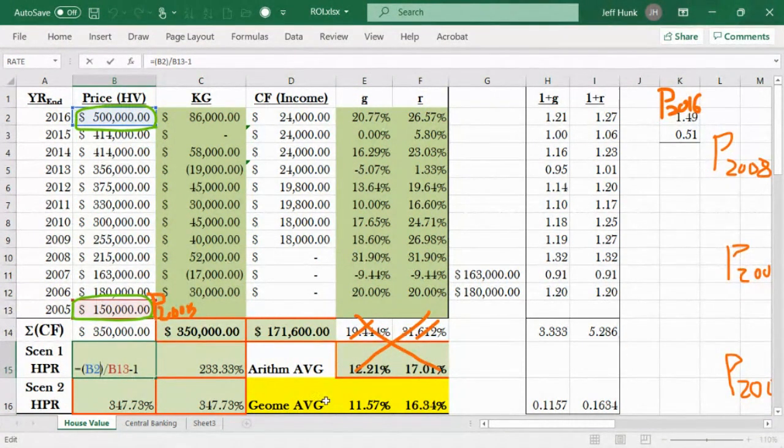B2, this is not right. How could it be like this? This is not right. It has to be like this. So something was not right there.